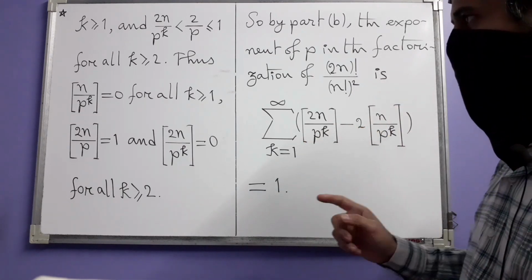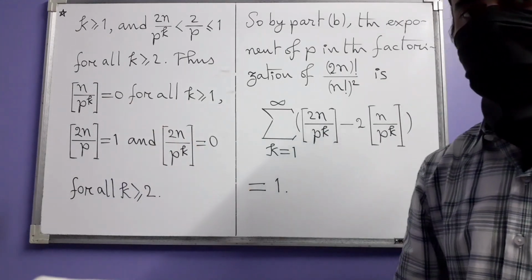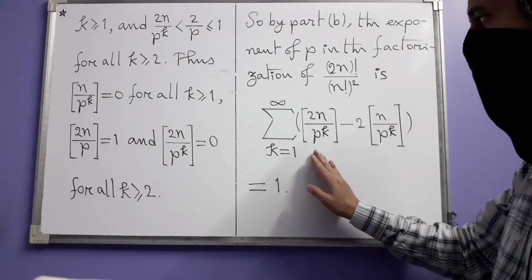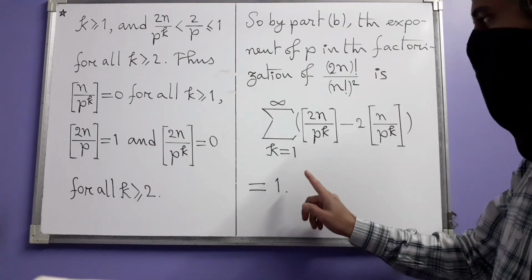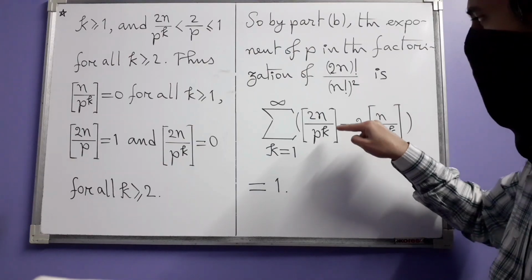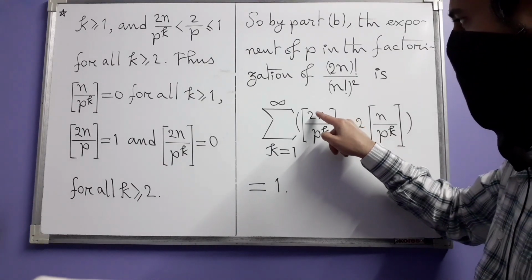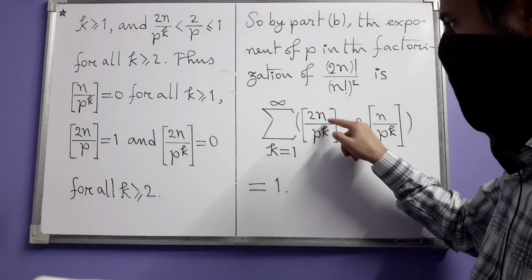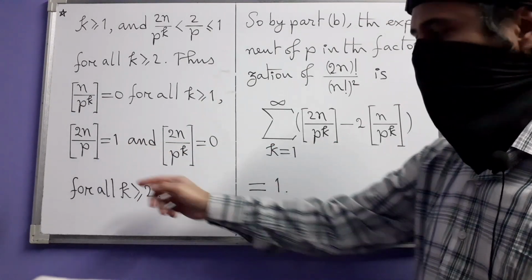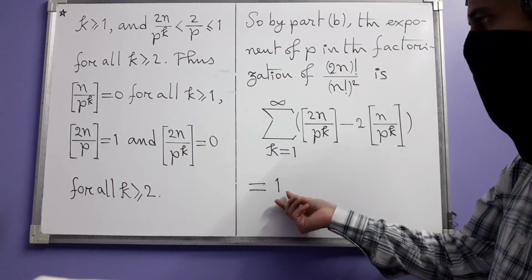However, we are now ready to substitute these values. We know all of them. We know all the terms here. In this series, k goes from 1 to infinity. If k is equal to 1, what do you get here? The greatest integer value of 2n divided by p, which is 1. Because of that, you are getting a 1 here.